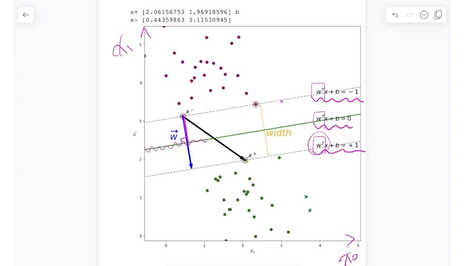So it's right here. You have to think about this problem by using vectors. So the w vector is exactly this pink line, the direction of this pink line.